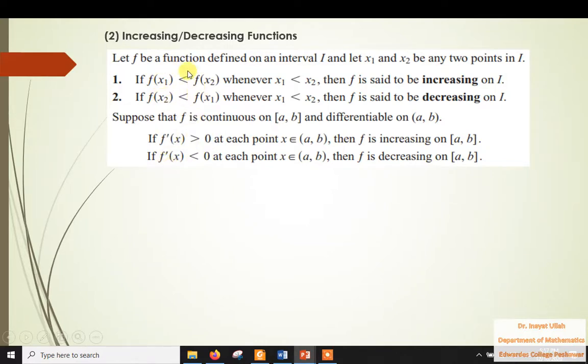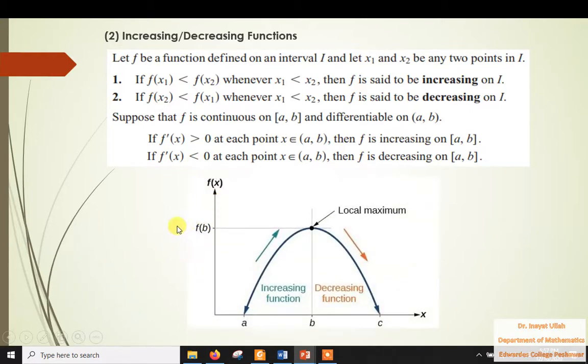So we may say that these two definitions will be for the purpose of MCQs, and these two definitions will be used throughout. In order to check whether the function is increasing or decreasing, we need to find the derivative of that function, and we will check whether the derivative is positive or negative.